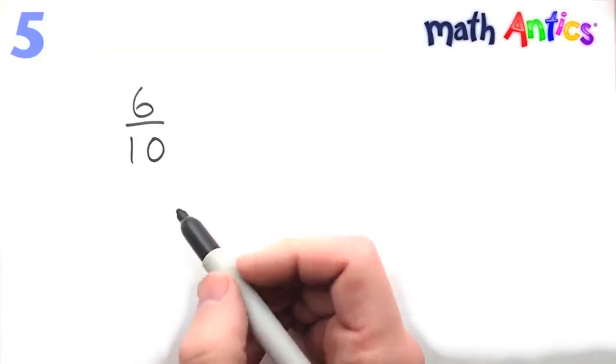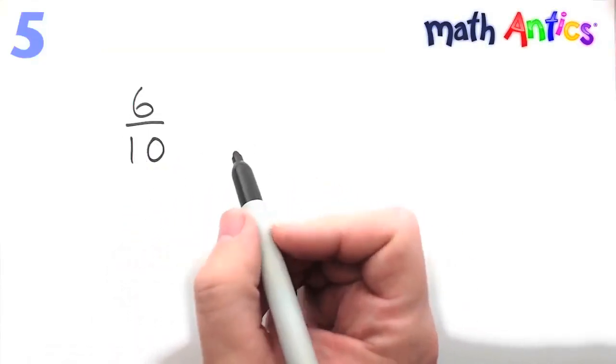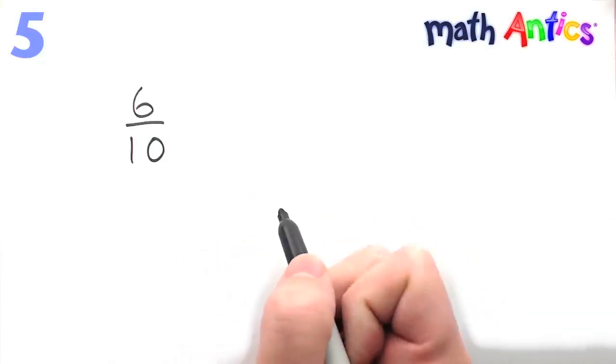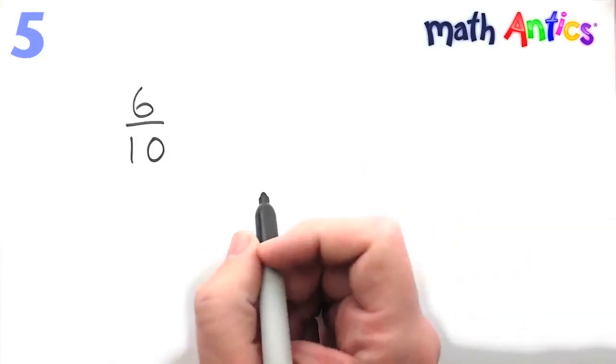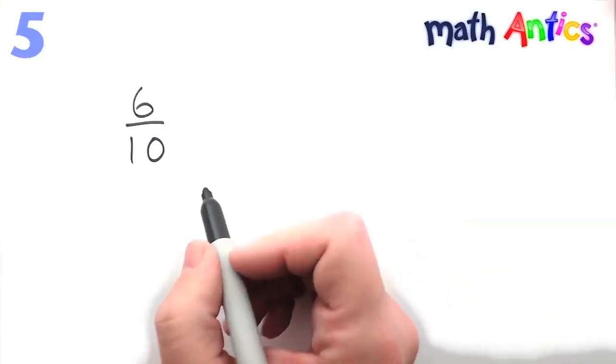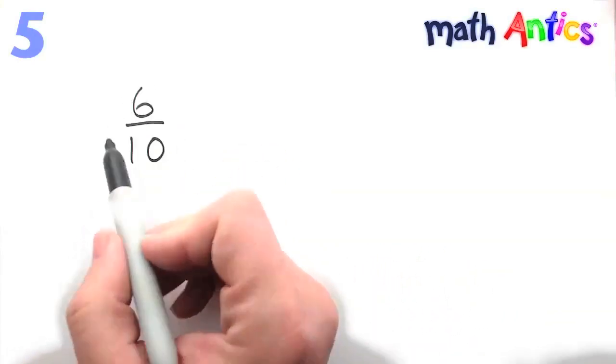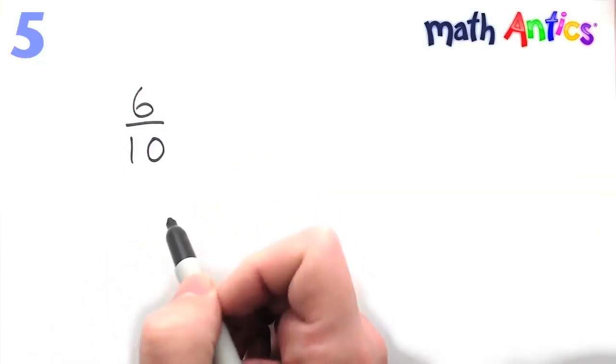For this problem, we have the fraction 6 over 10, and we need to convert it into an equivalent fraction that has 100 as the bottom number. And then we need to write it in the percent form. So that sounds like a lot of steps, but luckily the last step is super easy. The first thing we need to do is convert this into an equivalent fraction with 100 as the bottom number.